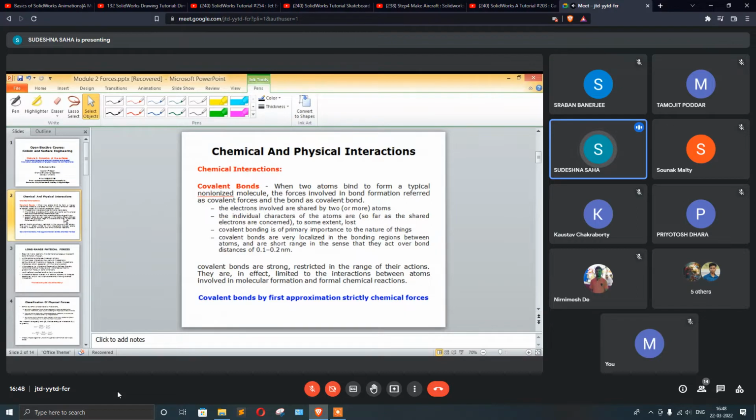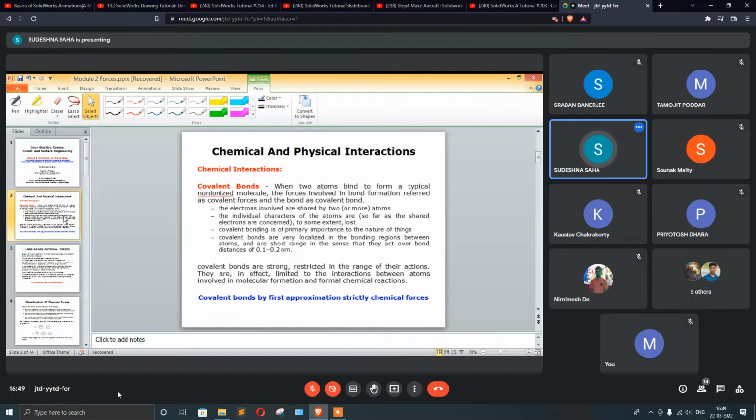And the number, the length, and the direction of the bonds control how the atoms of the resulting molecules can arrange themselves in three-dimensional patterns or lattices. So that is very important whenever we are talking about chemical bonds.